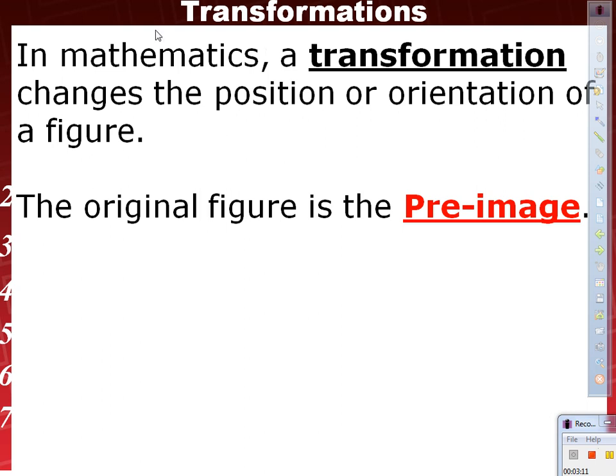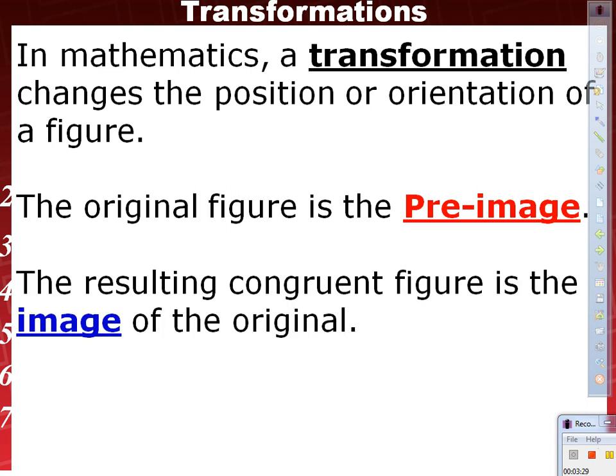What is it called? Pre-image. From there, I'm going to ask you to do stuff to that image, move it, turn it, and so on and so forth, and then I'm going to ask you to sketch the new one. The new one's no longer going to be called a pre-image. It's going to be called an image. Everybody got it? So that's what we're going to be doing today.